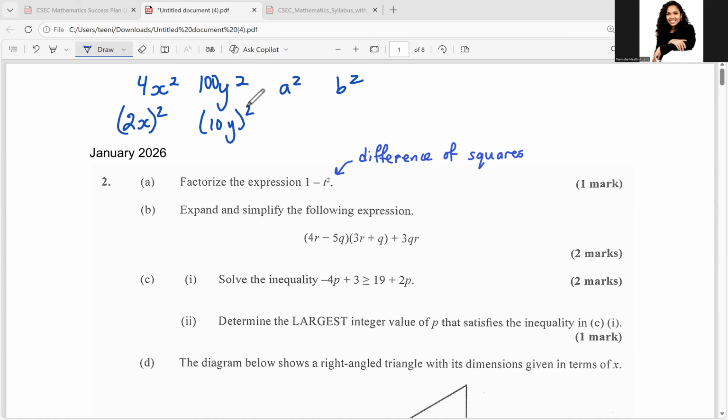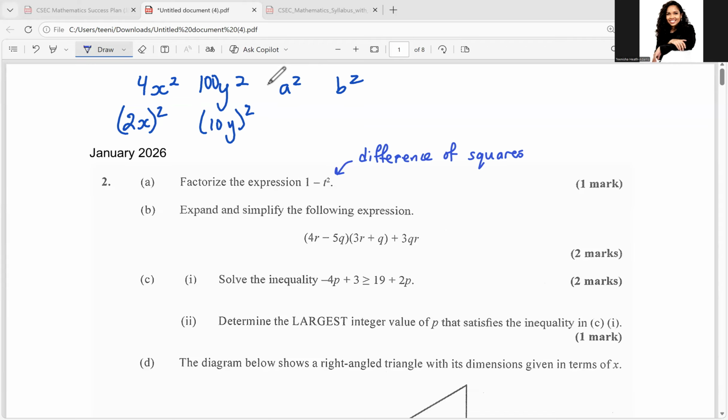Because when you square 10y, meaning you multiply 10y by 10y, you'll get 100y squared. Now, the square root of a squared is a, since a times a is a squared. The square root of b squared is b, since b times b is b squared.